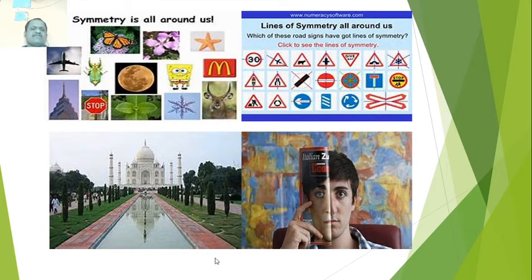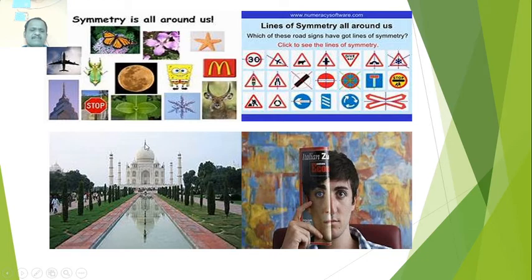In this picture we already discussed that this is a butterfly which has symmetry, this flower also has symmetry, a star also has symmetry, and also leaves, the symbol of McDonald's, or some symbols which are also given here, or one famous monument, that is Taj Mahal, which also has symmetry.